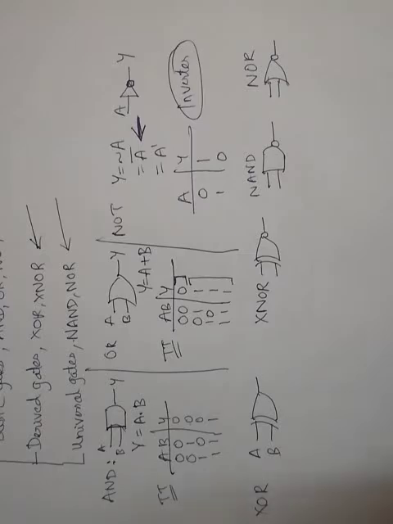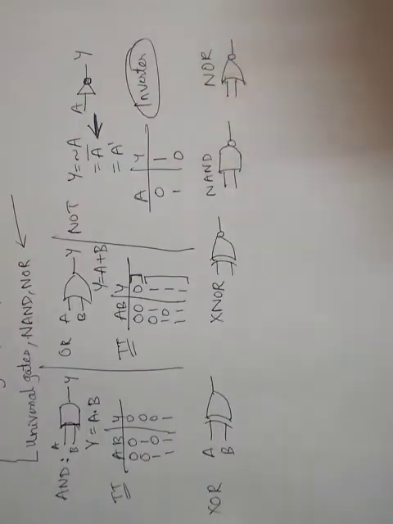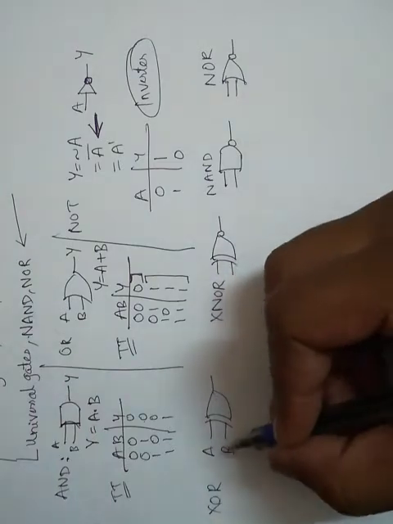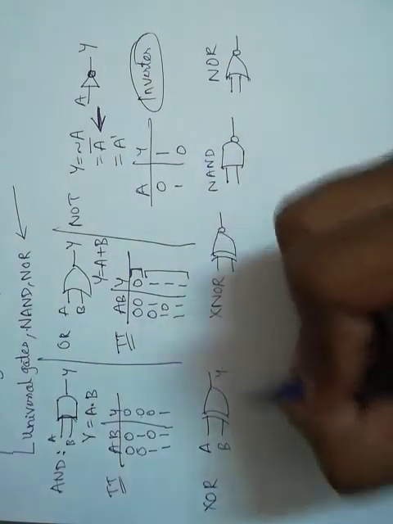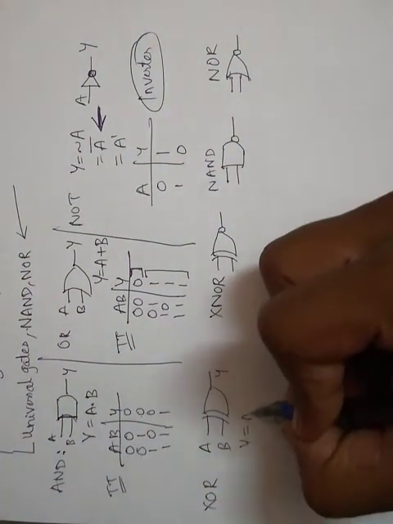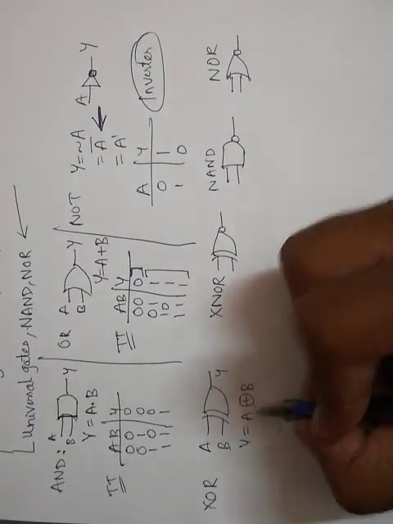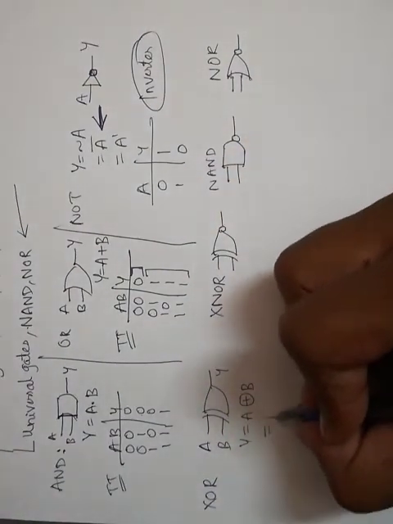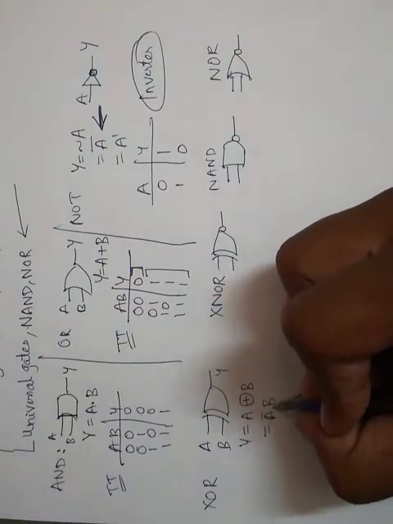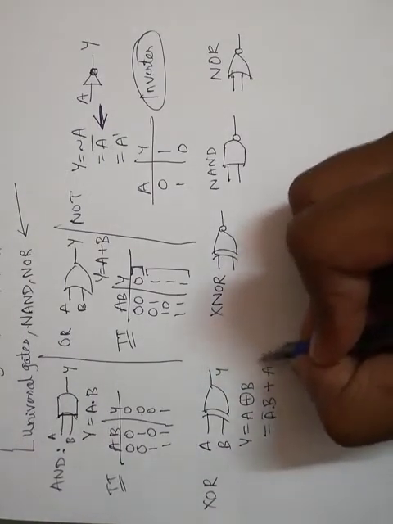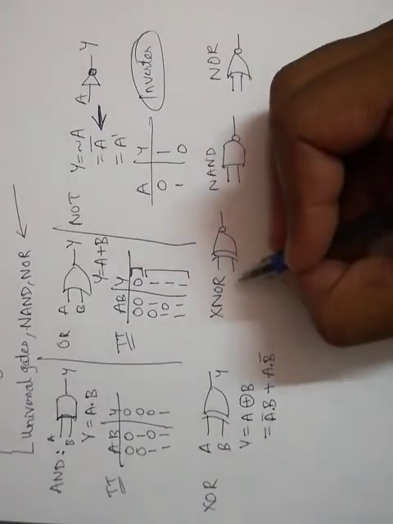Just for easy understanding, I will form a single table. First we will understand how to write the equations for XOR. Y equals A XOR B. This is our XOR symbol, which equals A bar and B ORed with A and B bar. This is our expression for XNOR.